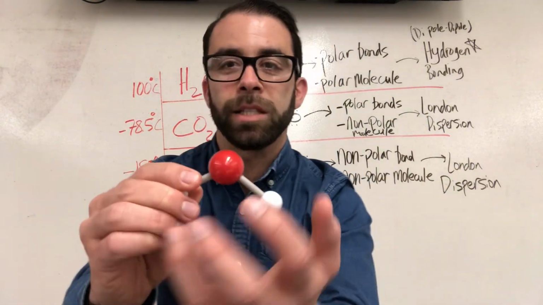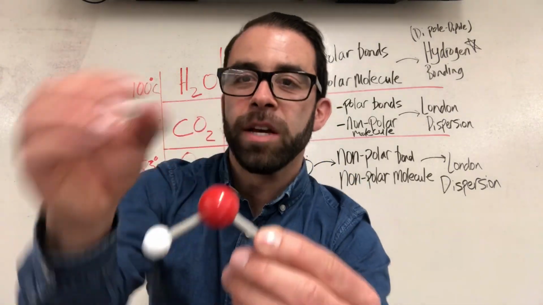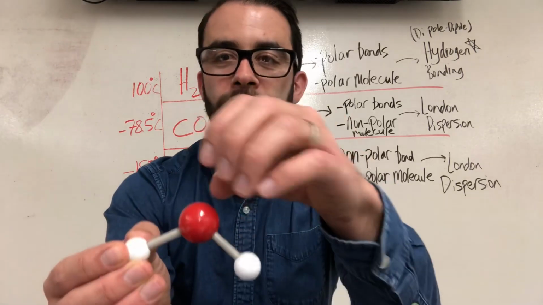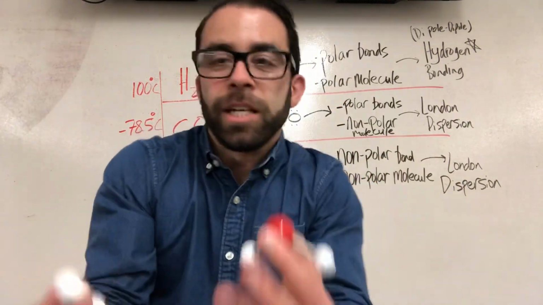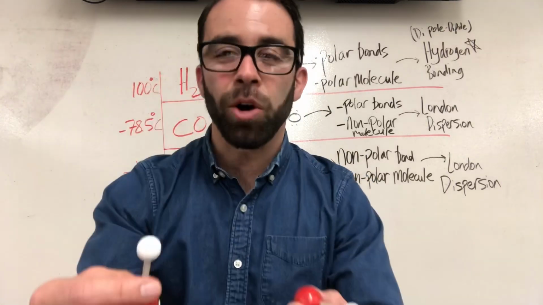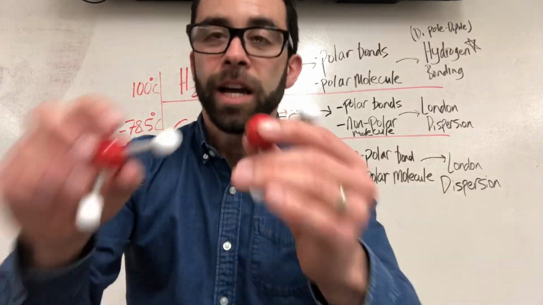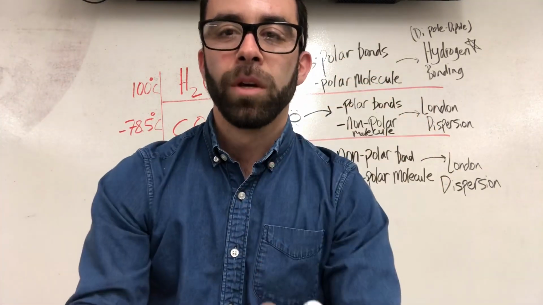And this is because one end of the molecule is more negative than the other end. The oxygen is more negative than the hydrogen end, causing an imbalance. 2 poles, like north-south, Santa Claus, okay, causing this attractive force between the 2 molecules.